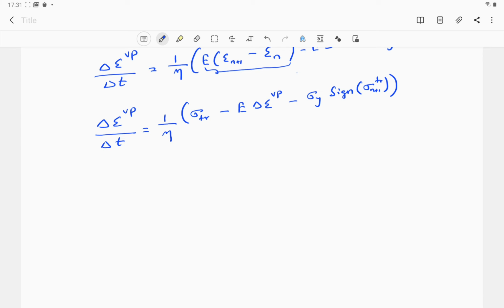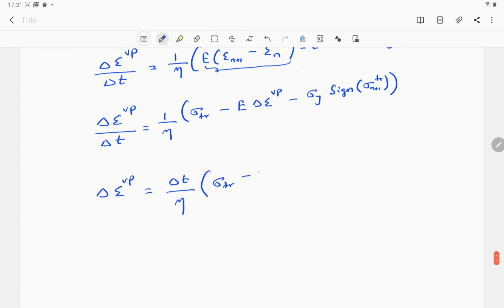So let's rewrite it further. Let me multiply this whole thing with delta t, so that I will get delta epsilon Vp equal to delta t by eta, sigma trial minus E delta epsilon Vp minus sigma y sine of sigma n plus 1 trial.